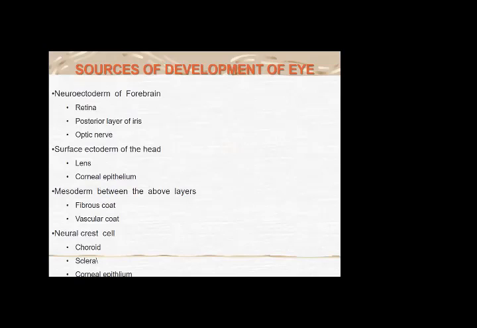Last time we did the sources of development of the eye. I'll just quickly run through them. No explanations needed for the time being. The sources include the neuroectoderm of the forebrain, from which we have the retina, the posterior layer of iris, and the optic nerve. From the surface ectoderm of the head develops the lens and the corneal epithelium.